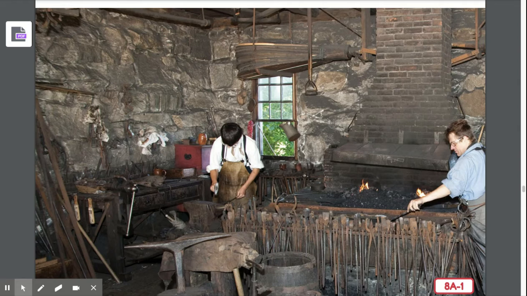The mason was responsible for using stones, and the carpenter was responsible for using wood. Everyone had a special job to do.